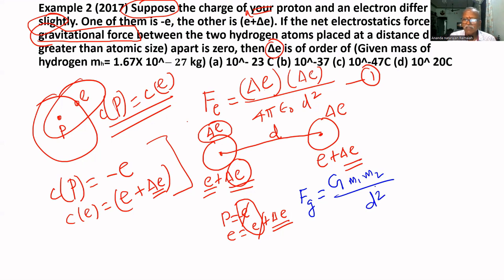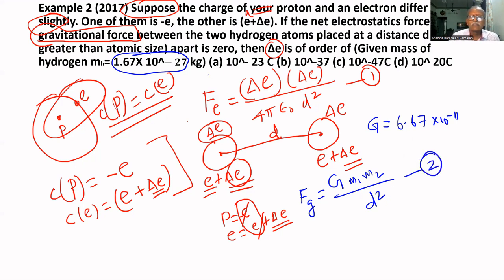This is the gravitational force across two masses. Mass of the hydrogen atom is given. The gravitational constant G equals 6.67 into 10 power minus 11. You have to remember, otherwise they will give it. So G M1 M2 divided by d square. Let it be 2.